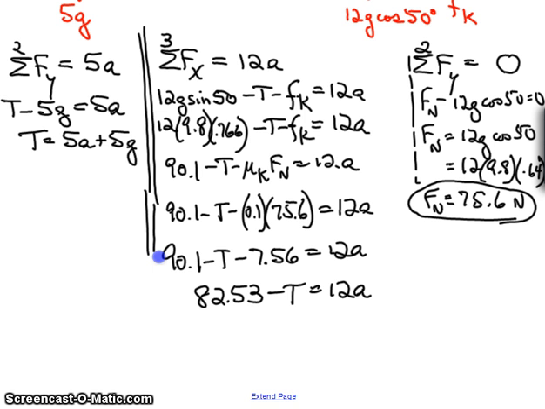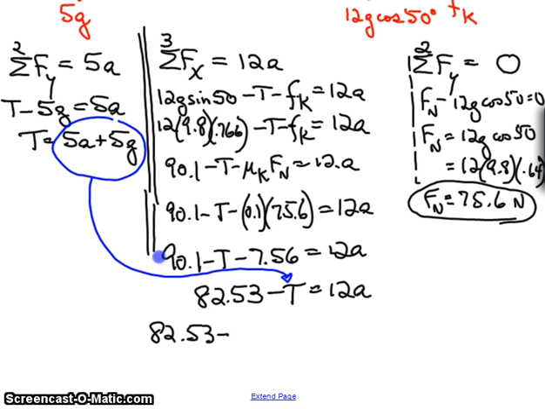All right, so what I can do now is I can take this, I can calculate 5G and plug it into here. And if I do that, I get 82.53 minus tension.